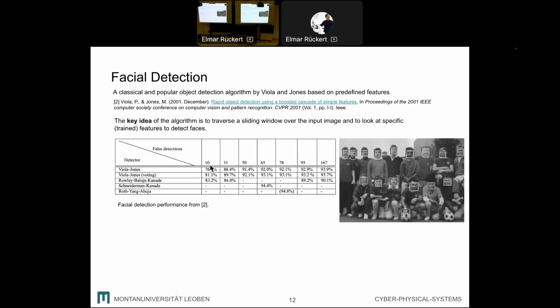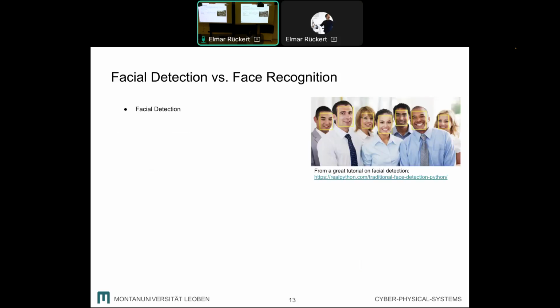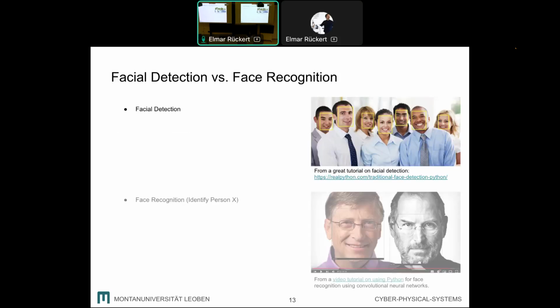Now in 2001, actually, this Viola-Jones face detection algorithm really achieved remarkable success rates. Back then, above 90%. Nowadays, don't nail me down, these numbers are outperformed by deep neural networks. There's a different thing that is called face recognition. You should at least know what's the difference.